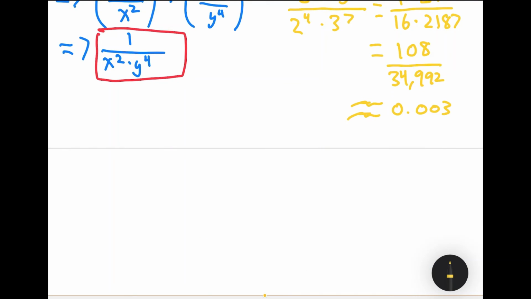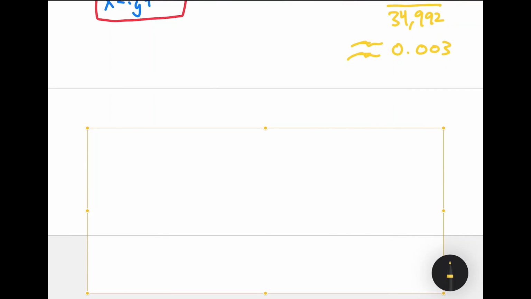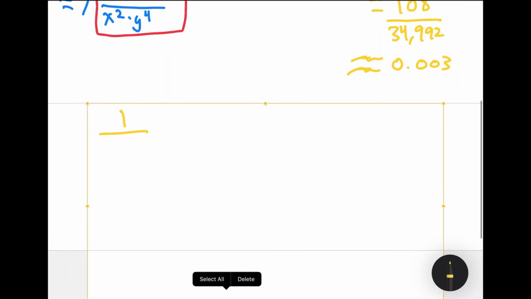So let's plug our variables back into our simplified equation. So instead of the 1 over x squared times y to the fourth power, I'm going to plug in for x and y again. I'm now going to say 1 over, again, x is equal to 2, so that's going to be 2 squared times y is equal to 3, 3 to the fourth.